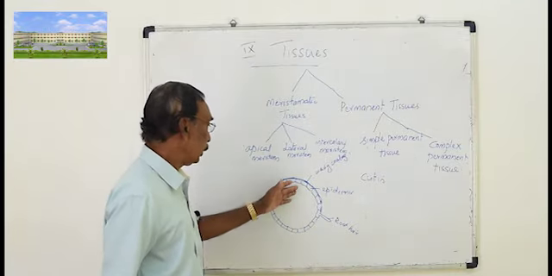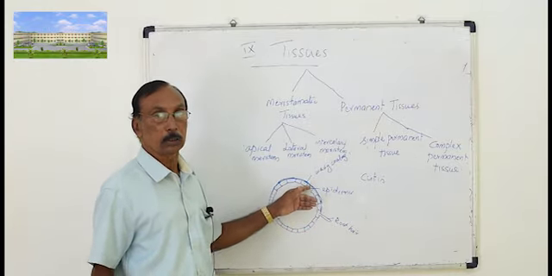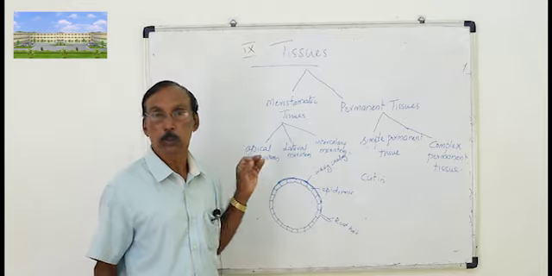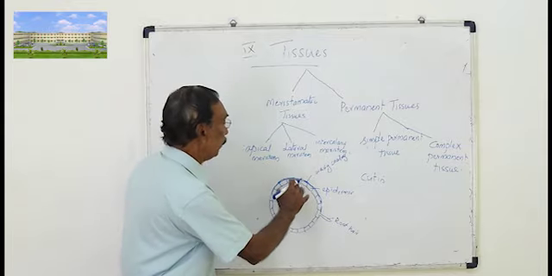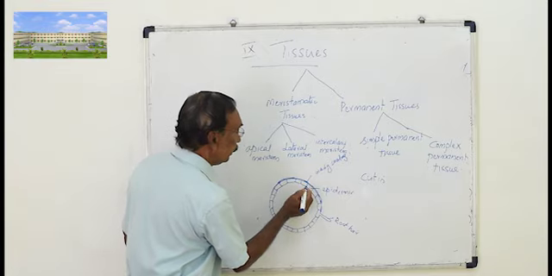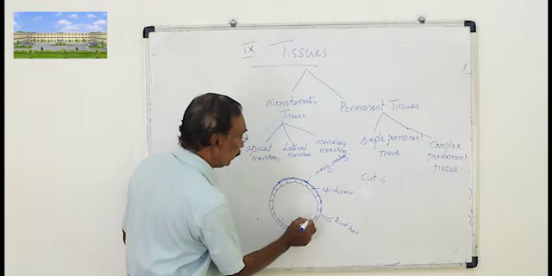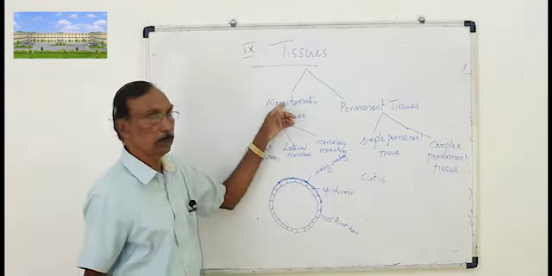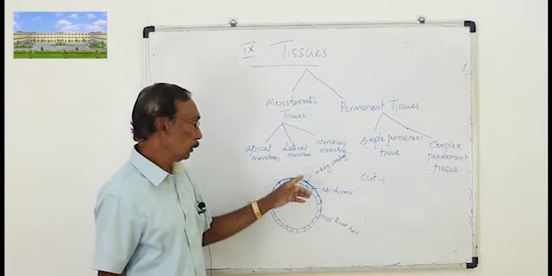When the plant becomes a little older, the epidermis will be replaced by other cells. Under the epidermis, a new secondary meristem grows. We already studied that meristem is actively dividing cells.